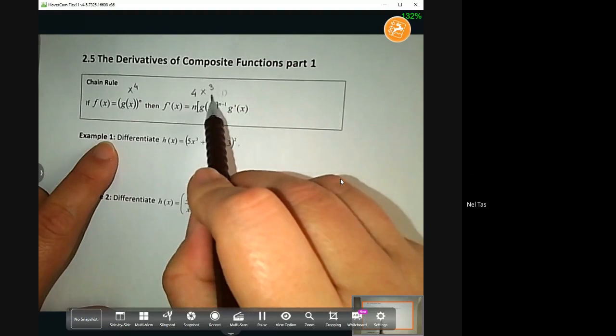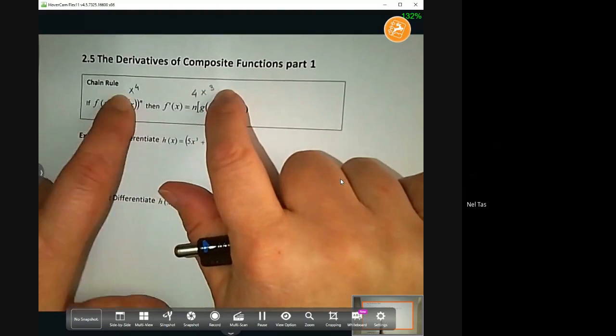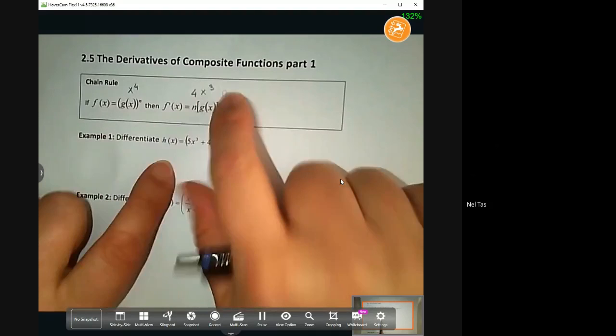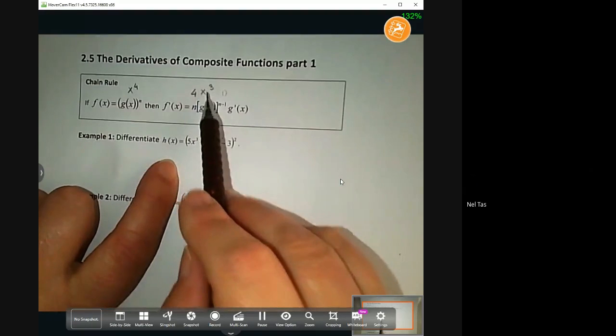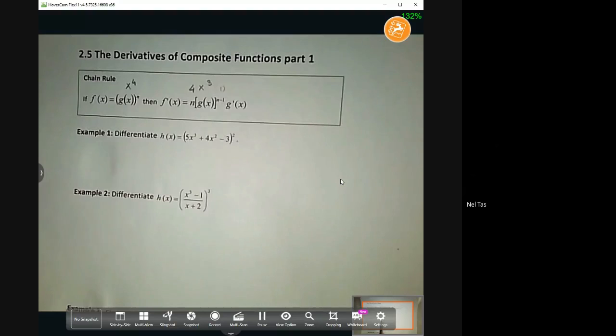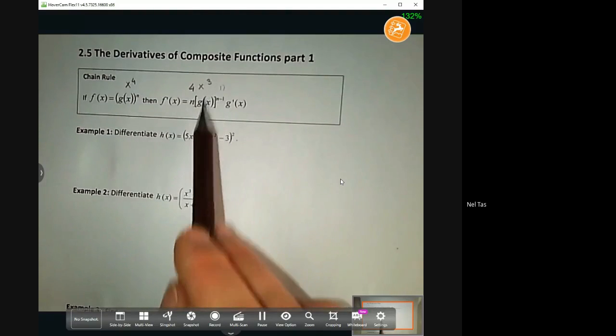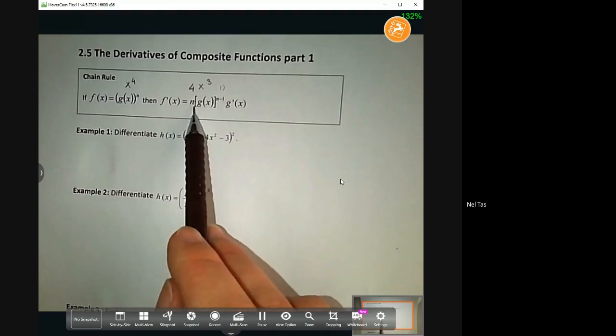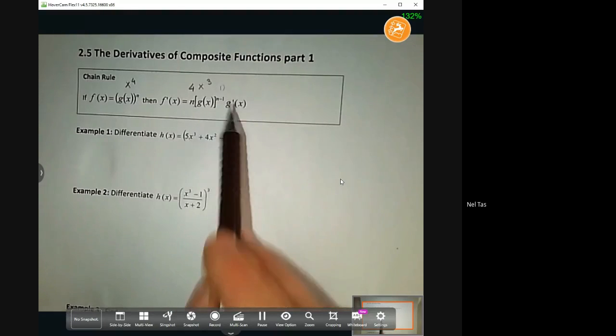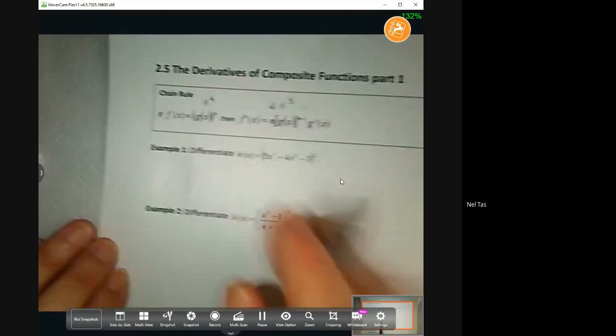So the derivative of x to the power of 4 is just 4x cubed. But instead of x, if you have another function, then you multiply this by the derivative of the inside. So let's apply it, and it will make more sense.